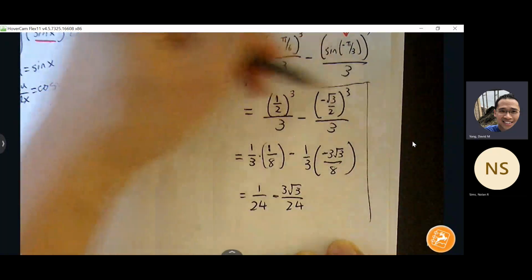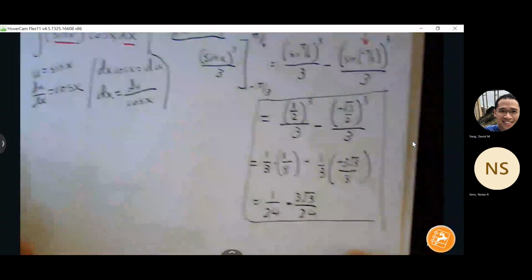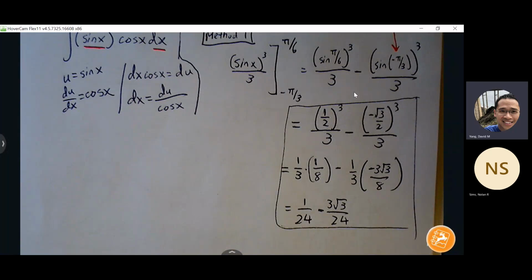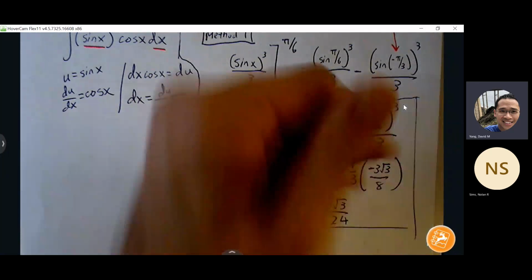So any of these variations are fine. Oops, sorry. The minus a negative becomes a positive.